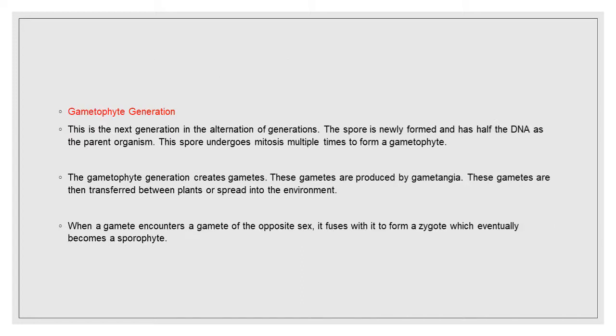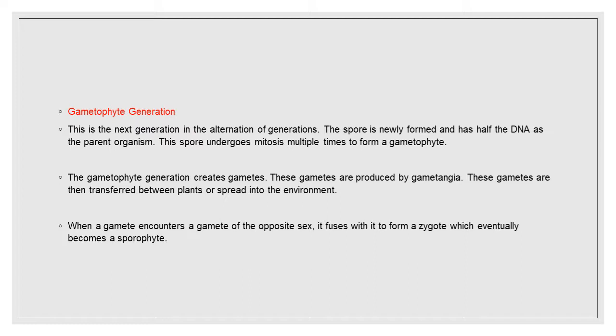The gametophyte generation is the next generation in the alternation of generation. Over here, the spore is newly formed and has half of the DNA of the parent organism. The spore undergoes mitotic division. The point to be noted in the sporophyte is the meiotic division. Over here, mitosis is going to occur.